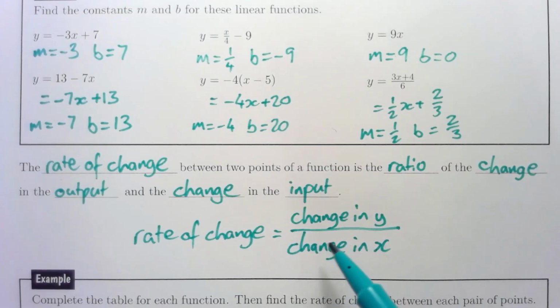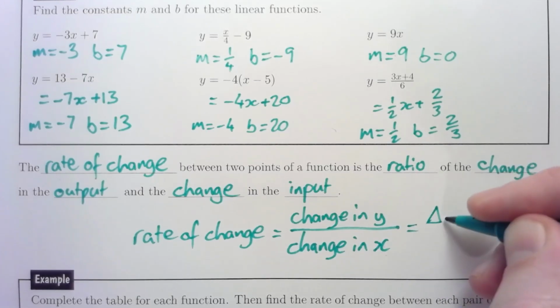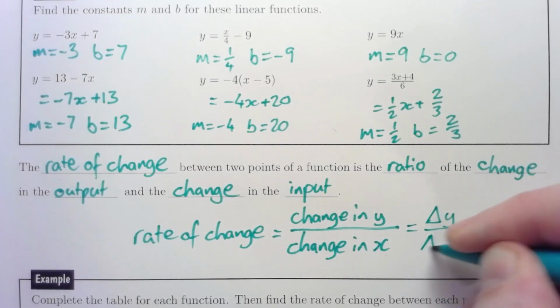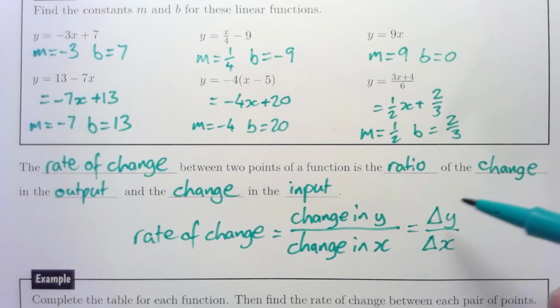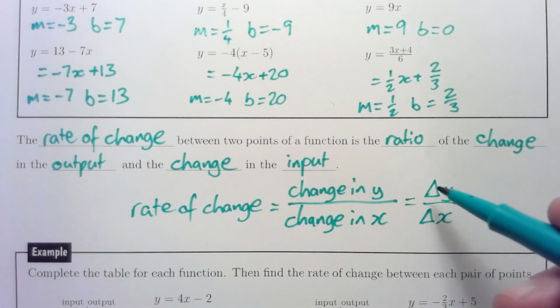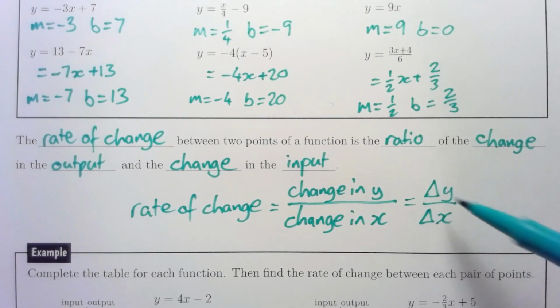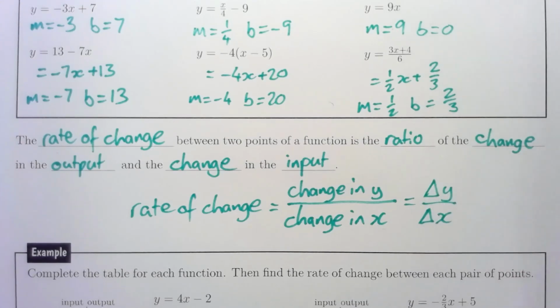Now, we use the phrase 'the change in' very frequently, so we have an abbreviation for it, which we write like this. Now, this is not a triangle, this is the Greek letter delta, so you could pronounce this as delta y divided by delta x. But you can easily say change in y divided by change in x. But that's what this triangle, this delta symbol, means. It means change.